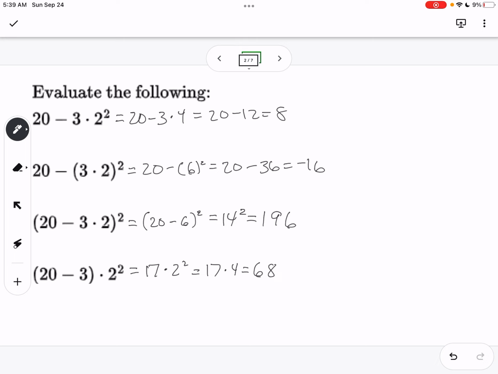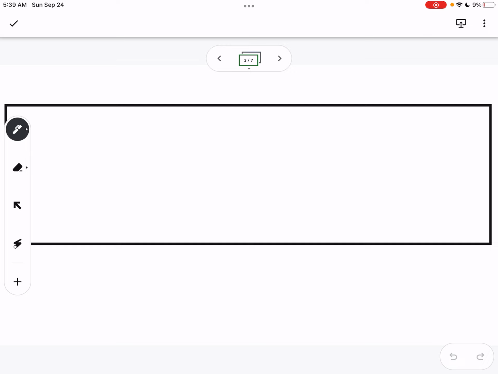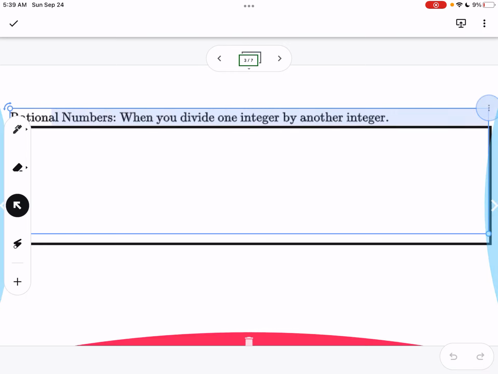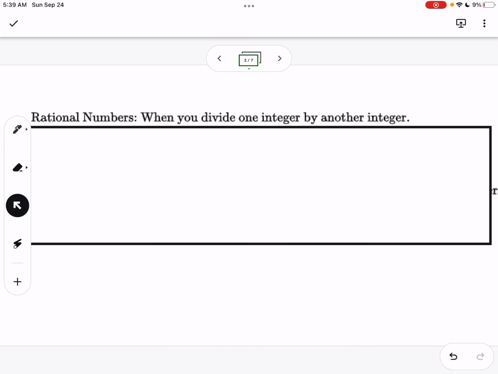So in this course, we will be using certain terminology, to make sure that we all know that we're talking about the same values. A rational number is when you divide one integer by another integer.